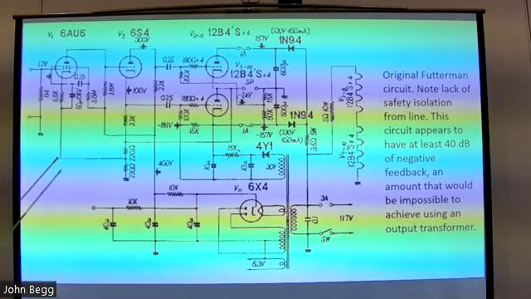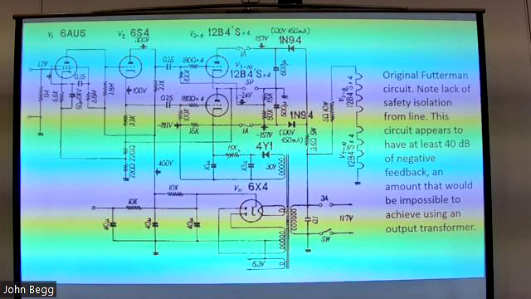The one thing that's really significant about this circuit, and any modern op-amp designer would approve of this, is that to make a stable circuit that can have a large amount of feedback, you have to have a dominant pole. And that means a dominant place where the high frequency response rolls off.